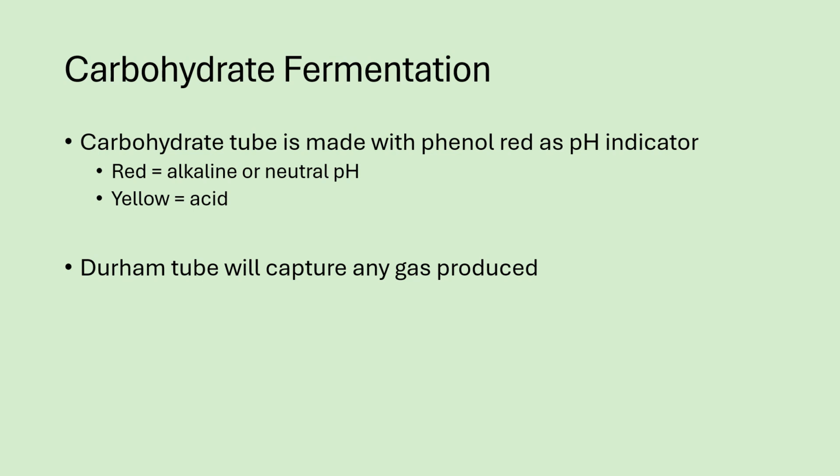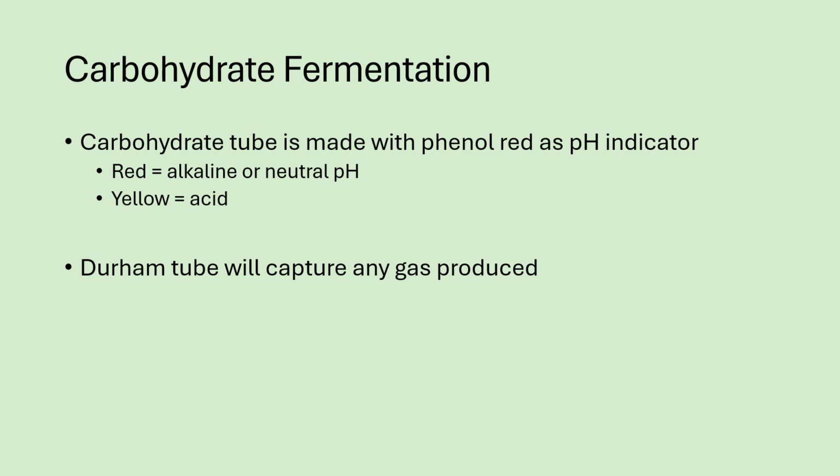As you're making the media, you put it in, and then you autoclave it. This Durham tube is a smaller, skinnier tube that fits easily inside the larger tube, and it's upside down. It's inverted. So when it goes to the autoclave, it fills up with the carbohydrate broth, whether it's glucose or lactose, whichever sugar you're using. The broth will fill up this tube.